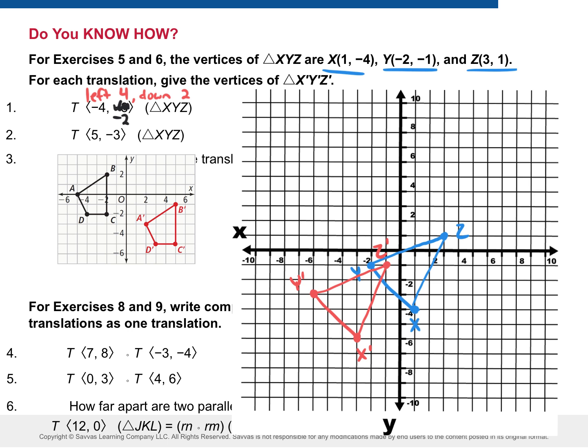Okay, go ahead and do number 6 also. I will put my number 6 in green.